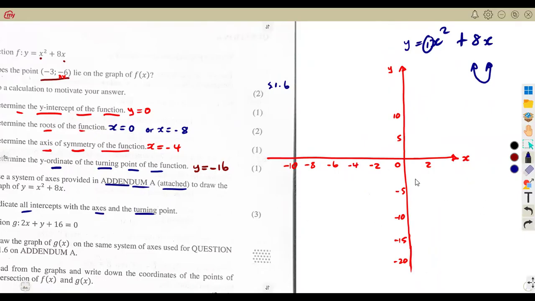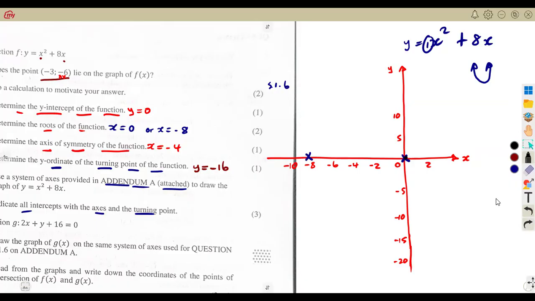We have the roots at 0 and at minus 8. The y-intercept is at x equal to 0, y equal to 0, so the y-intercept is where the root is. That is where the graph is also going to pass. So the graph goes to the turning point, then goes back to that point.